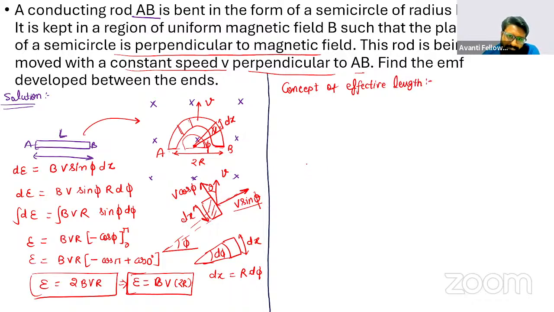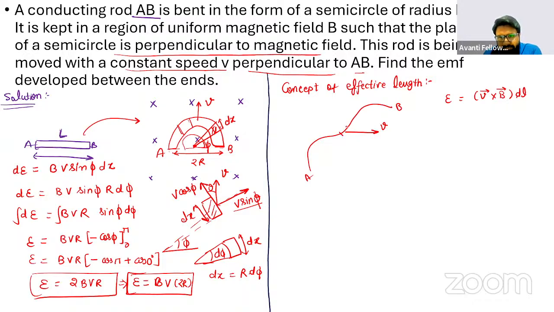Concept of effective length, what it will be? Like this is a particular length, okay, from A to B. We know that the EMF is nothing but V vector cross B vector dot dl. Okay. And let's say this is moving with certain velocity V in any random direction.